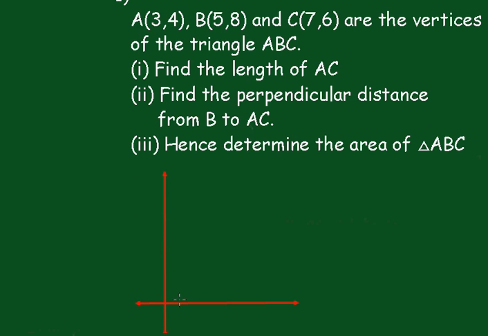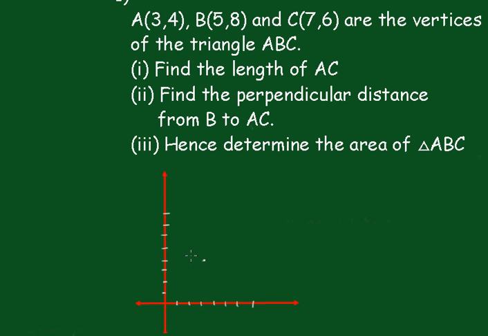So (3, 4). Let's have a look. We're going from 3 up to 7, so that's 1, 2, 3, 4, 5, 6, 7. And we're going up as high as 8, aren't we? 1, 2, 3, 4, 5, 6, 7, 8. And we have (3, 4).